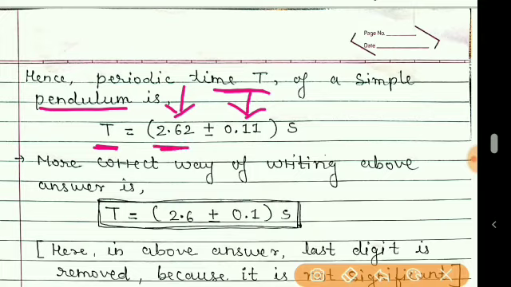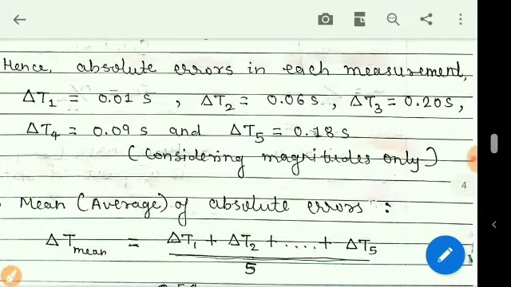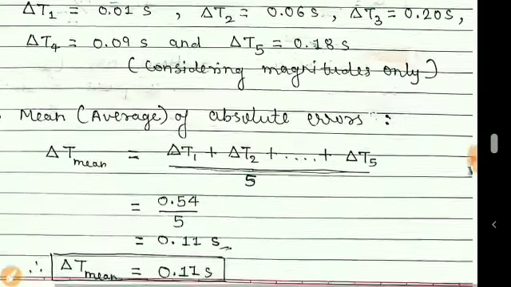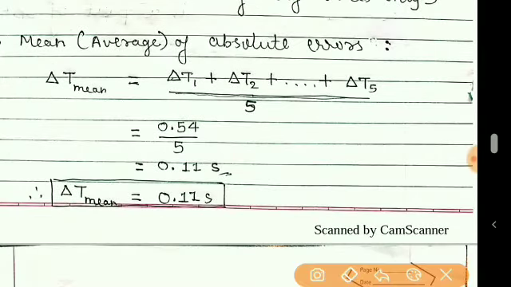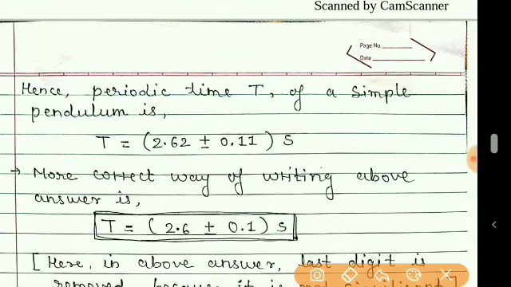True value was 2.62, and the second value, the average of absolute error, was 0.11 second. Hence the measurement of periodic time is this: the true value, and this, the absolute error.